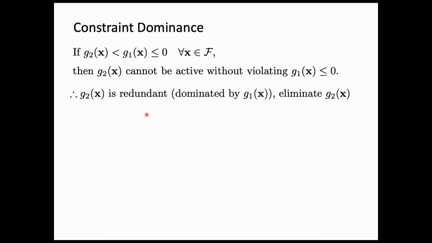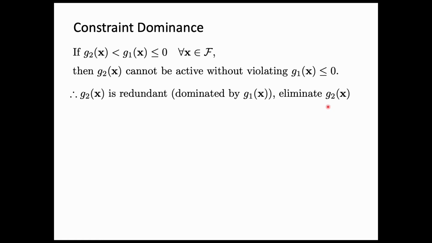Therefore, g2 is redundant and is dominated by g1. Because g2 is redundant, we can eliminate g2 from the formulation. This simplifies things. When we are solving a problem numerically, we have to keep track of which inequality constraints are active or not as we are moving through the design space.